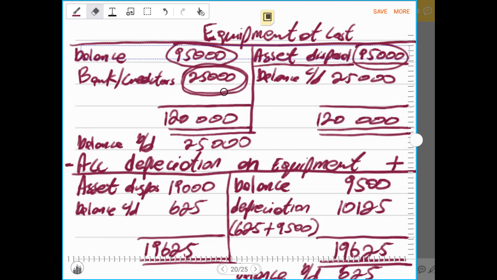Now, the reason why I recorded it again is that I just wanted to show you that anything that is acquired during the current year must be separated and must not be included in the opening balance. That is why I did the ledger account, so that you see that these things are recorded separately, although it was already included in the opening balance as it was stated in the additional information.